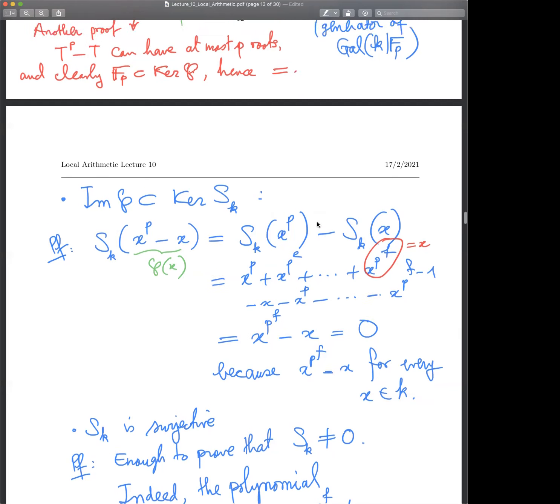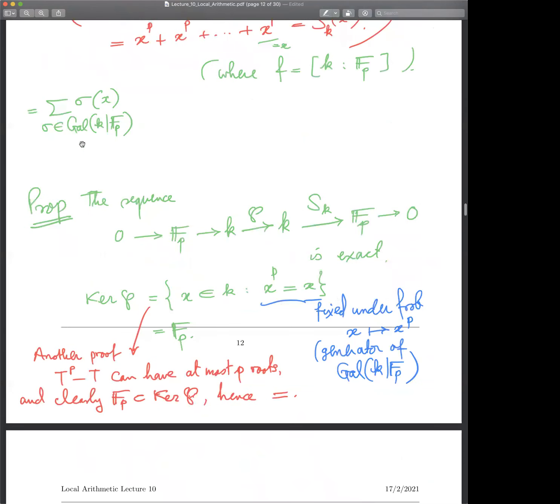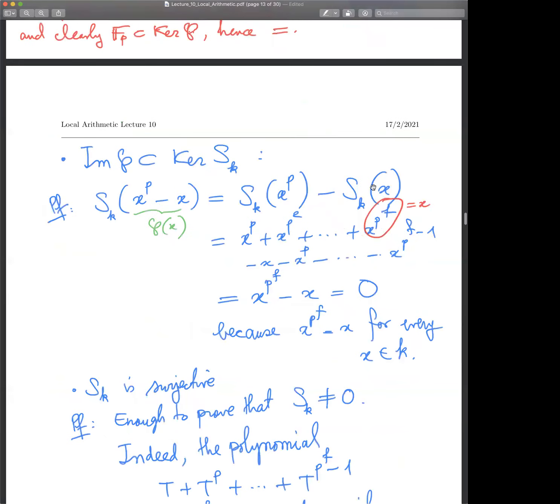At this point, if you recall this other definition of the trace, saying that the trace of x is really the sum of all conjugates of x, then you can immediately say that this difference is equal to 0, because the conjugates of x to the power p are really the same as the conjugates of x, because x to the power p is in fact conjugate to x.